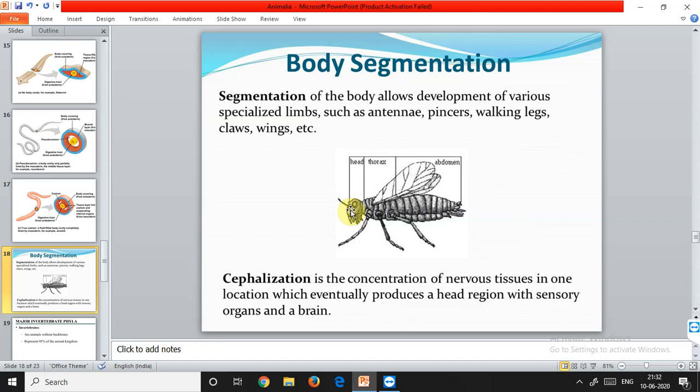It is due to the formation of structures used in feeding and the concentration of receptors. What are receptors? Antennae are present. The eyes are also an example of receptors that receive stimuli and transfer them to the brain. So all these receptors are present in the head region. There is also a corresponding concentration of nervous tissue that forms a brain.